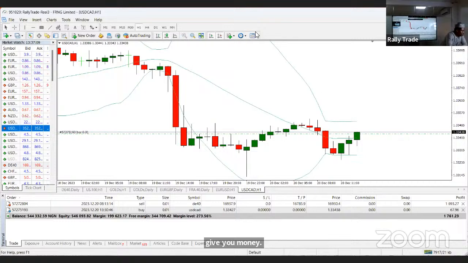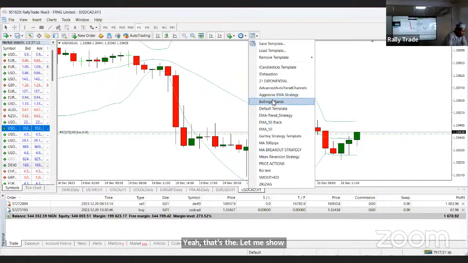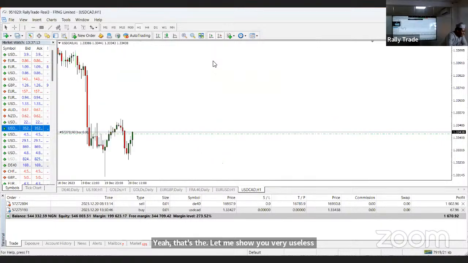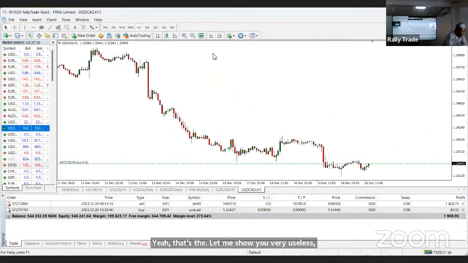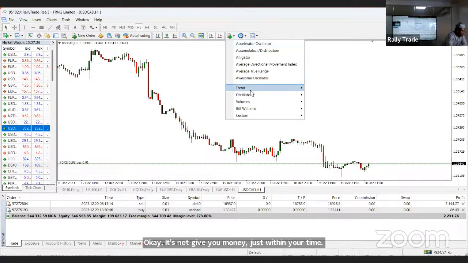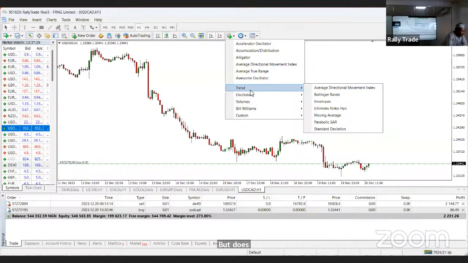Let me show you. Very useless indicator. Let me show you how fractals look. It will not give you money. It will just be wasting your time. Fractals. Where is it, sir?